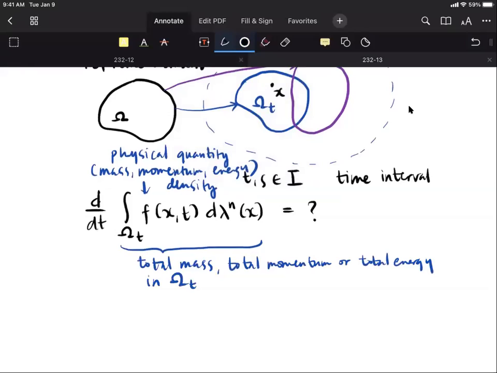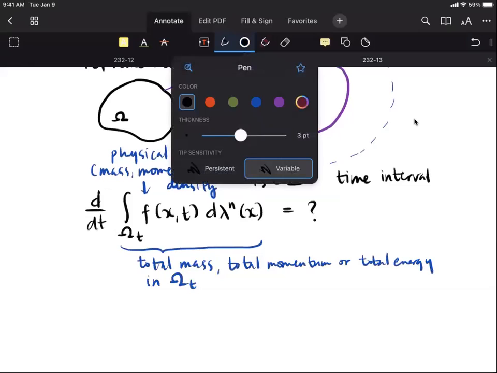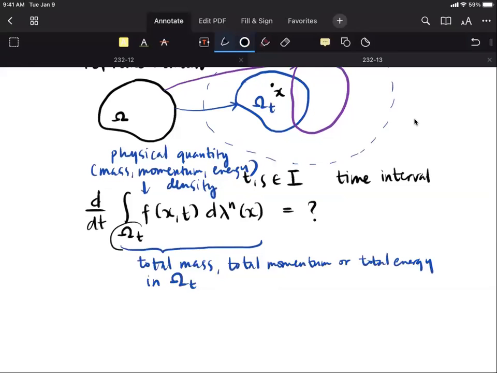Okay, so here our t, the parameter t, and again, as I said, you can think of this as time. This domain omega depends on the time, and this function f, your densities, also depend on time.